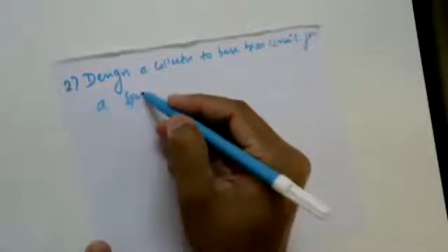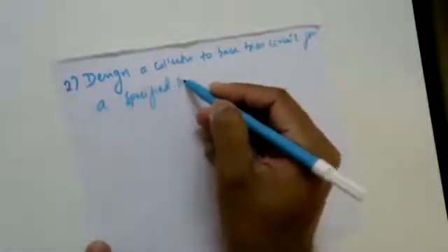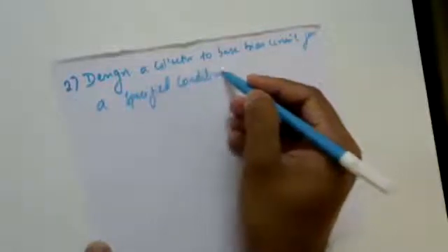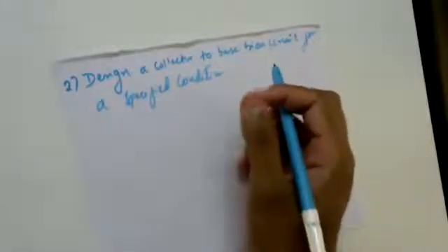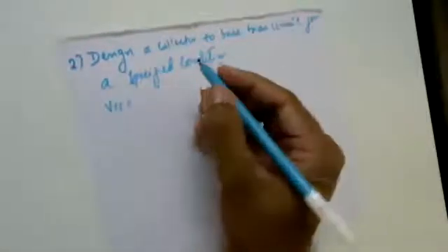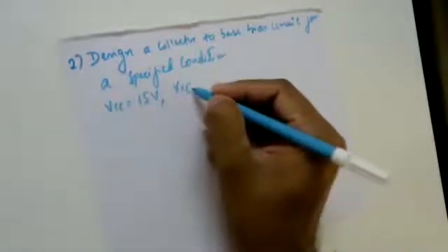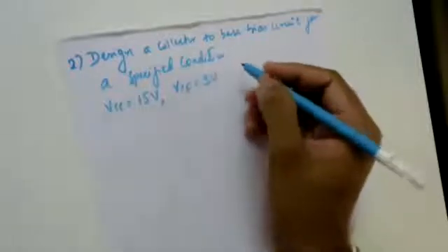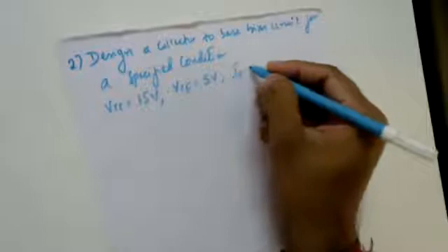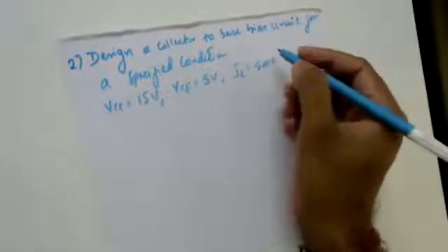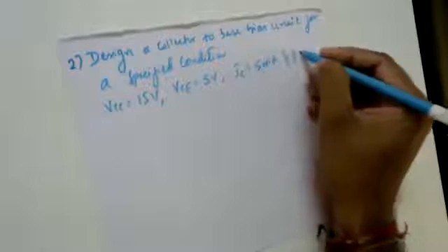For a specified condition, when he has given it, saying VCC is equal to 15 volts, VCE is equal to 5 volts, IC is 5 milliamps, and beta is equal to 100.